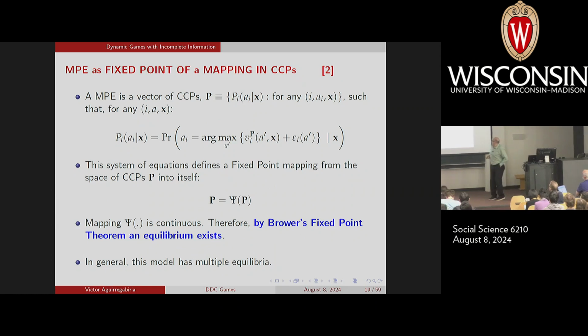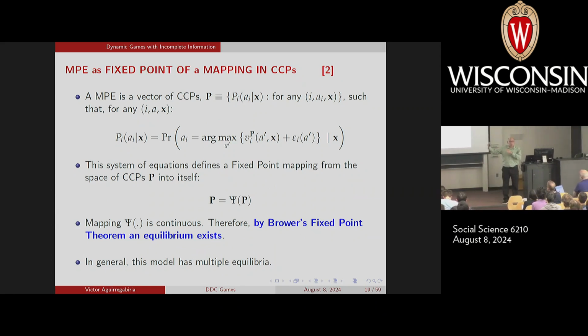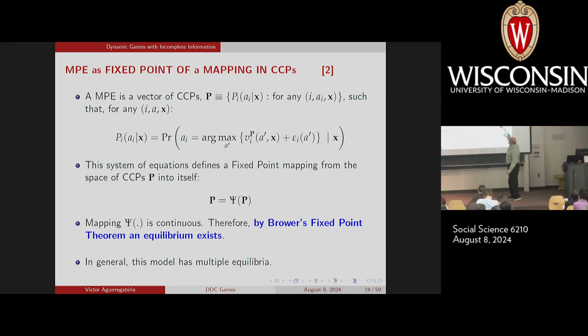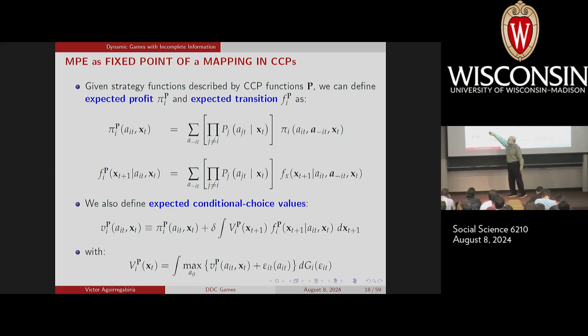Okay, then given that we have solved the dynamic programming problem of each player taking as given the choice probabilities of the others, we can define this best response choice probability function. Having solved the dynamic programming problem, I have these choice-specific value functions.